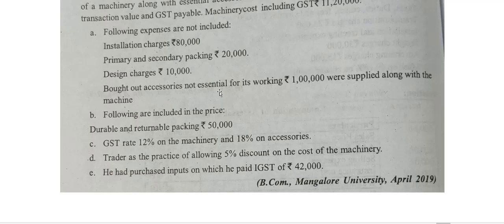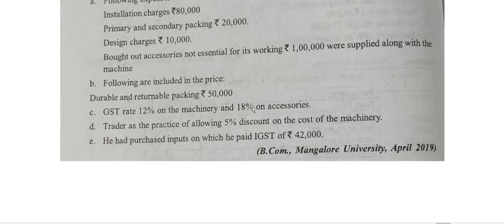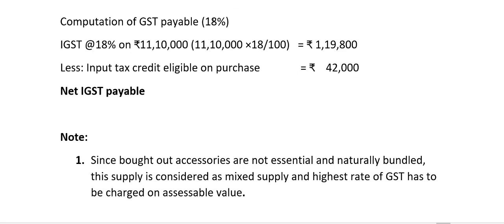Because of that, the supply has become mixed supply, and whenever there is a mixed supply, 18%, even though the primary product attracts only 12%, the highest rate of tax. If there was something else and it attracted 28%, we would have taken 28% into account and we would have ignored this 12% and 18%. Does not matter which product it is, we will take the highest rate of GST tax. So we have done the same.